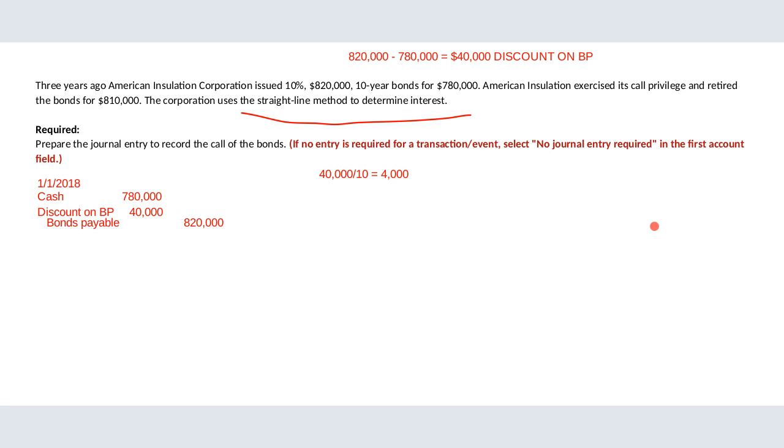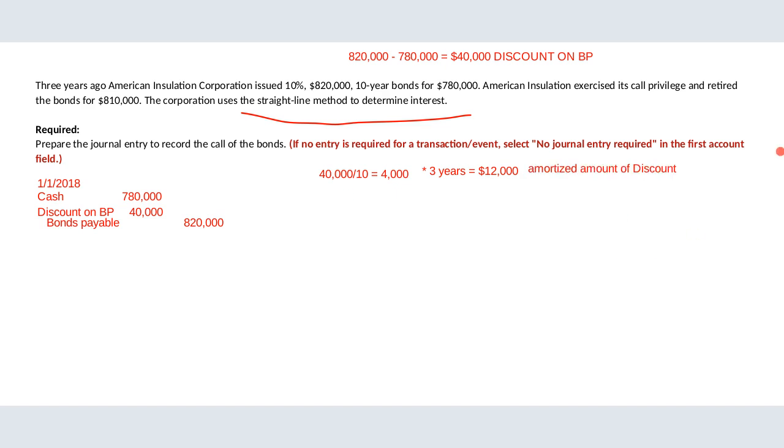So multiply by 3 years is going to be 12,000. So this is the amortized amount of discount.